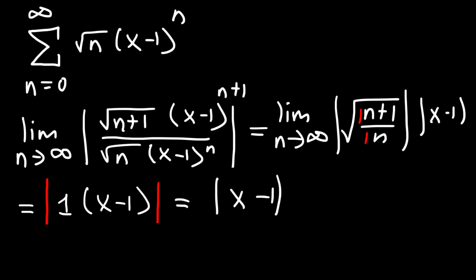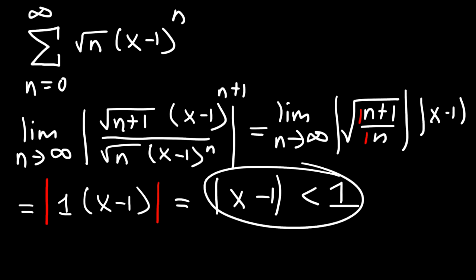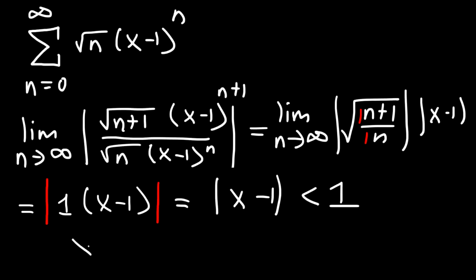Whenever you have an answer in terms of x after the ratio test, set that answer less than 1, because we want to find out for what values of x it converges. We can get rid of the absolute value expression by saying that x minus 1 is less than 1 but greater than negative 1.